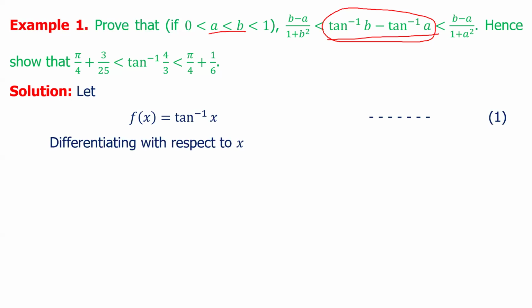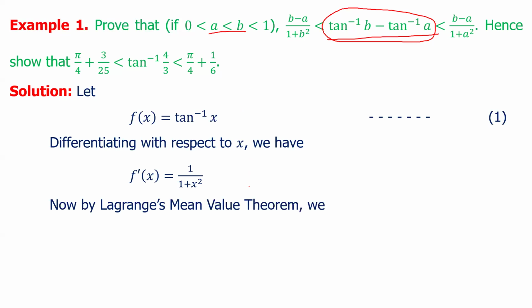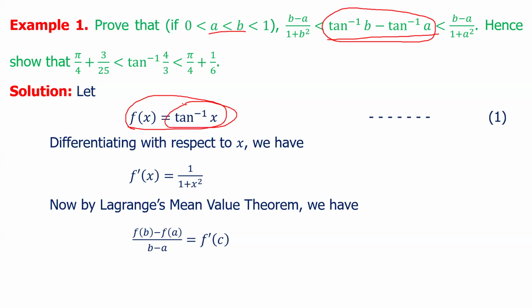Let us differentiate this with respect to x. We have f'(x) equal to the derivative of tan inverse of x, which is 1 upon (1 plus x square). Now, by Lagrange's mean value theorem, we have (f(b) minus f(a)) divided by (b minus a), which is equal to f'(c). For f(b), we put x equal to b, so f(b) is nothing but tan inverse of b, and f(a) is tan inverse of a, divided by (b minus a).